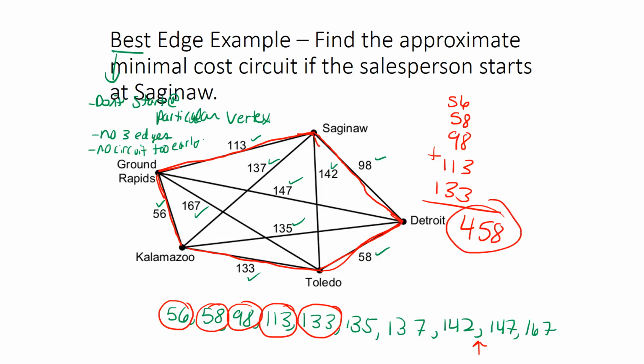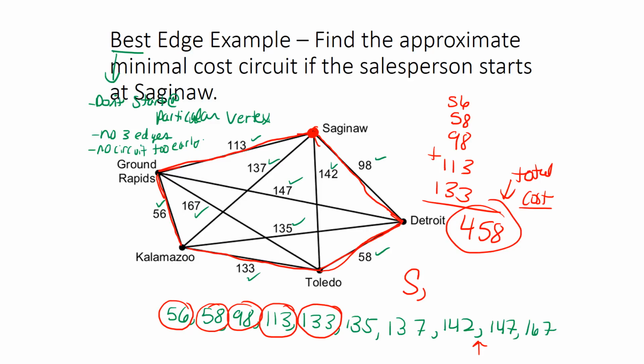Let me check one more time. Yep, 458. And that could be miles or cost. Find the minimal cost circuit. So it could be written like that, that was the total cost. It actually said find the approximate minimal cost circuit starting at Saginaw, so I actually didn't need to find the total cost, although I did.